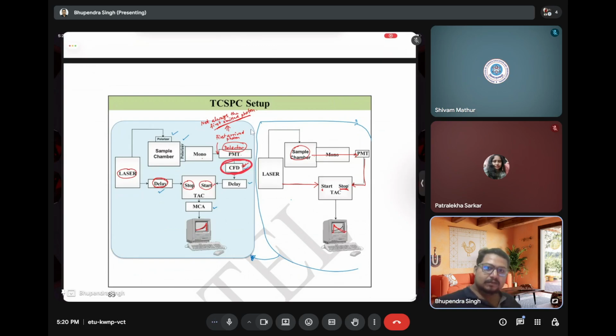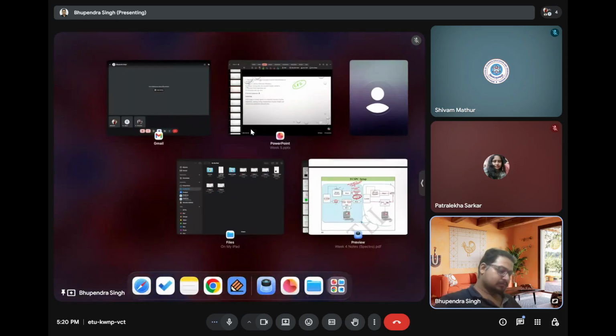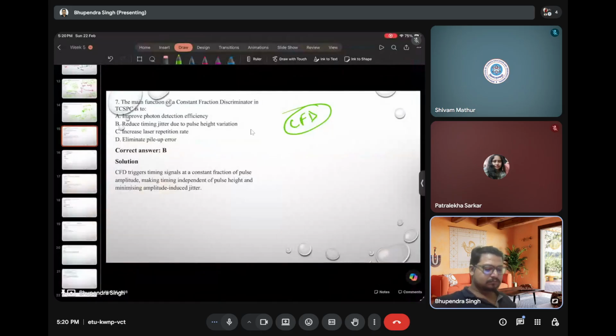So to minimize that, we are using the CFD, making timing independent of the pulse height and minimizing amplitude induced jitter. The CFD triggers the timing signal at a fixed fraction of the pulse amplitude.